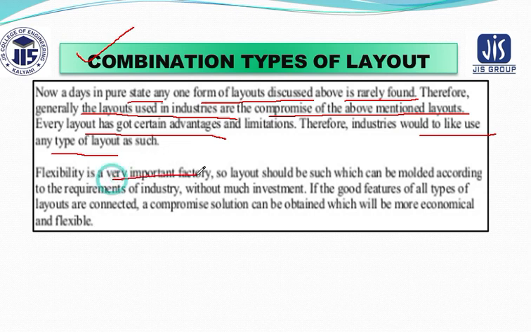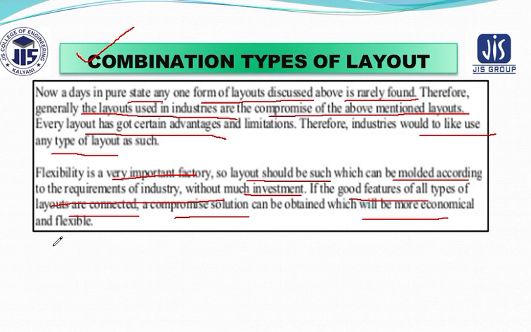Flexibility is a very important factor. So layout should be such that it can be molded according to the requirement of industry without any further investment. If the good features of all types of layout are combined, a solution can be obtained which will be more economical and flexible.